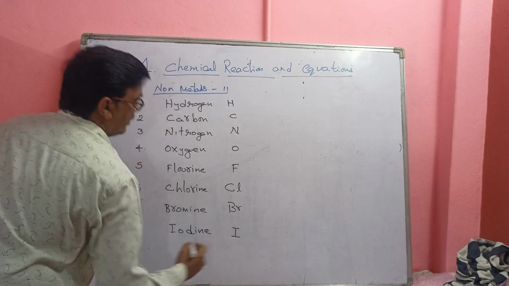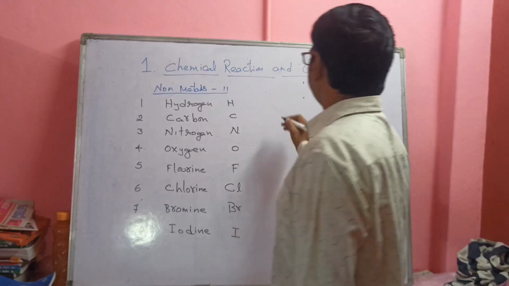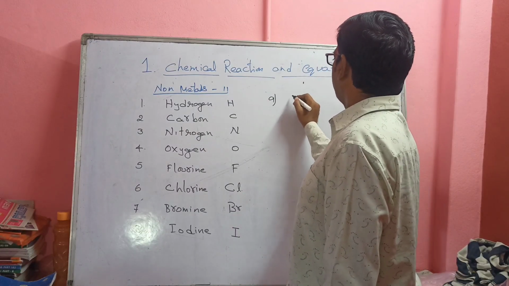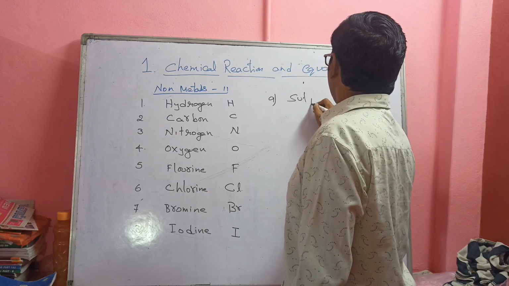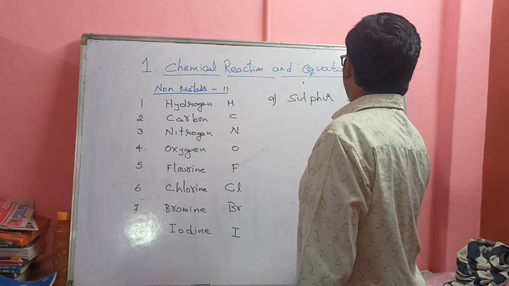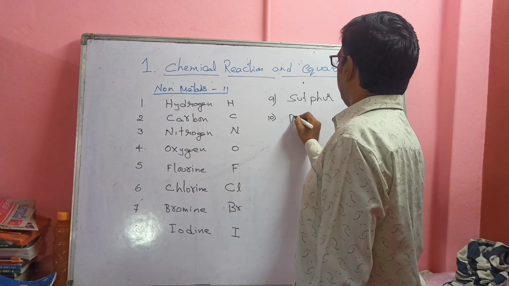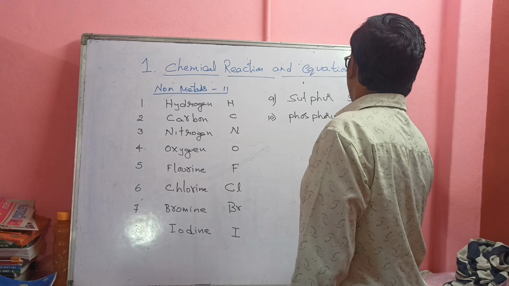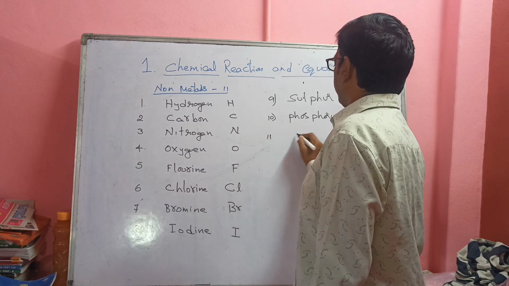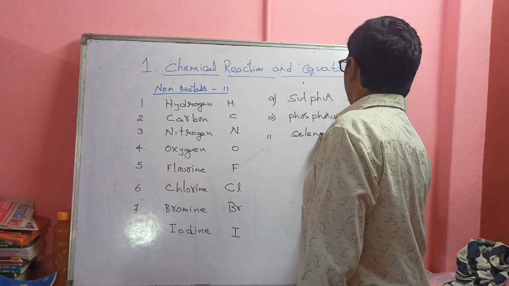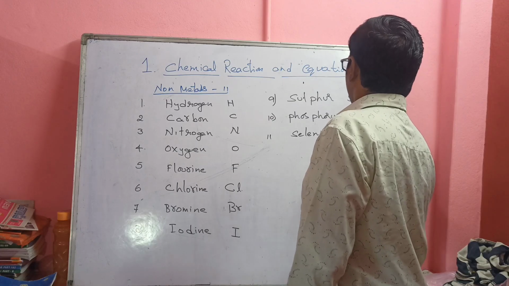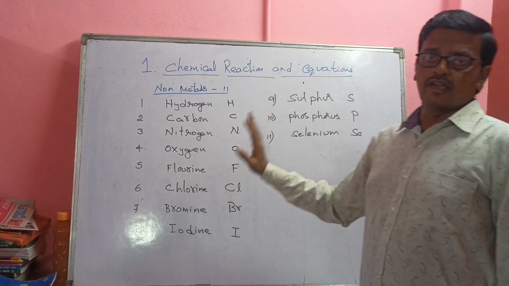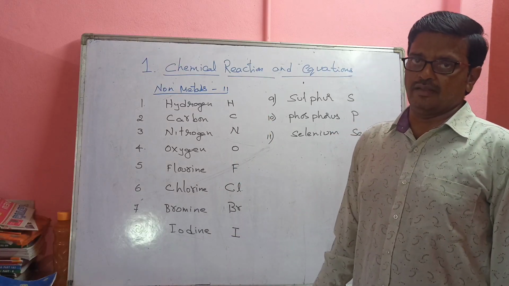Iodine, I. Ninth, sulfur, S. Phosphorus, P. And the last, selenium, Se. So total how many non-metals are there? 11 non-metals. Understand?